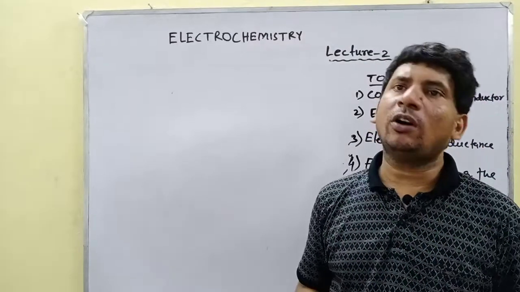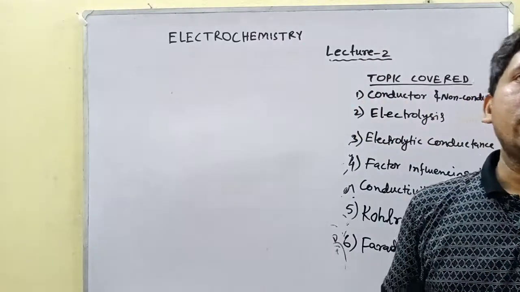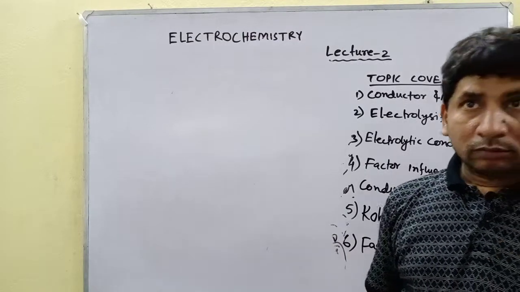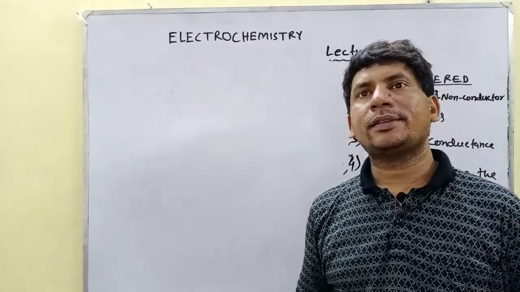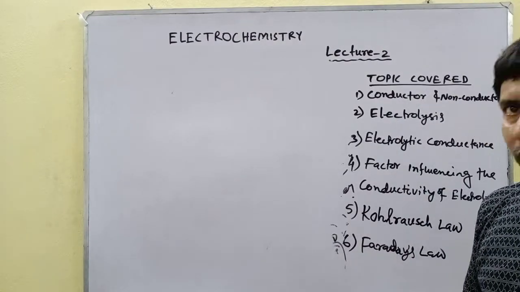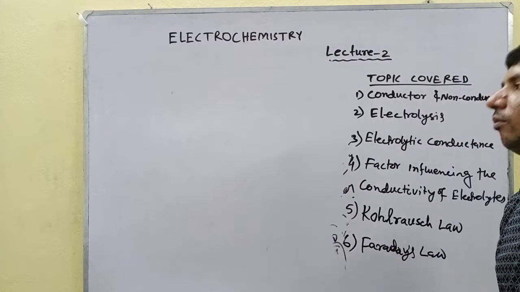First law of Faraday: the amount of substance deposited or dissociated of an electrolyte at the cathode or anode is directly proportional to the quantity of charge in coulombs.